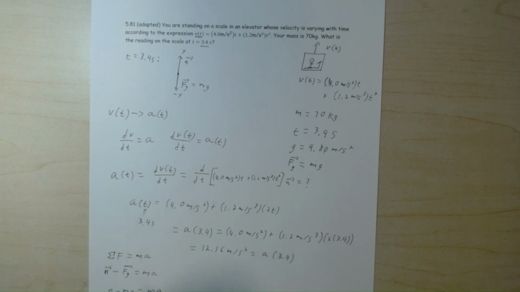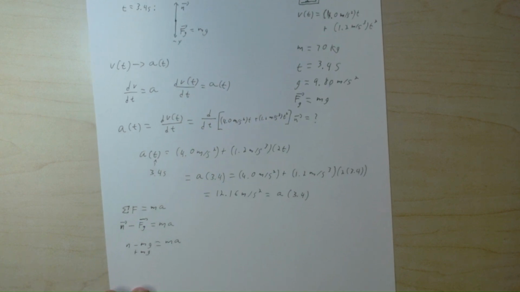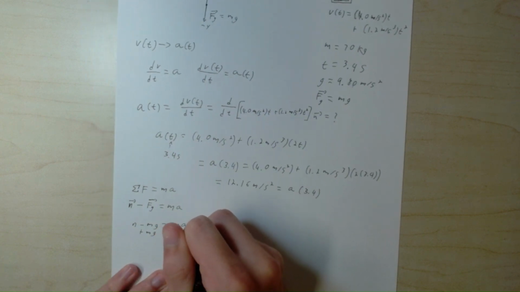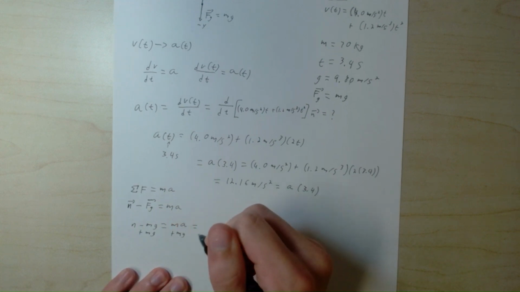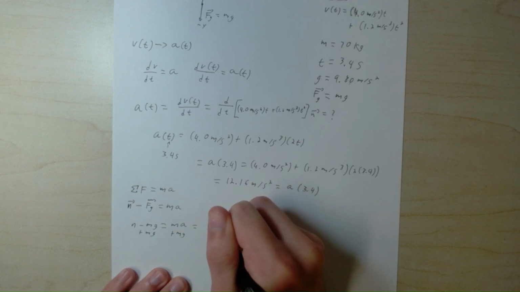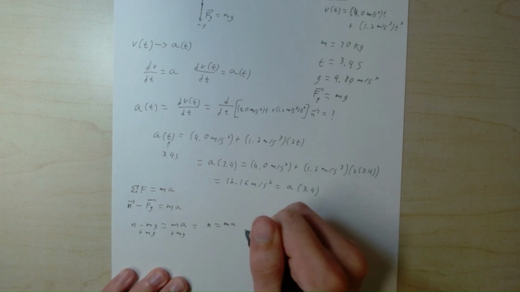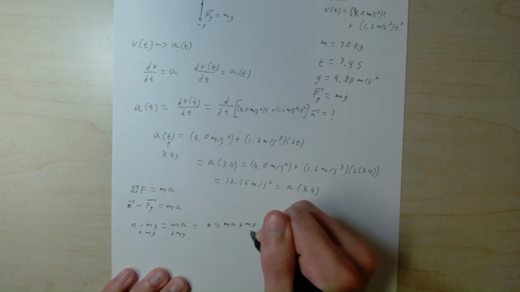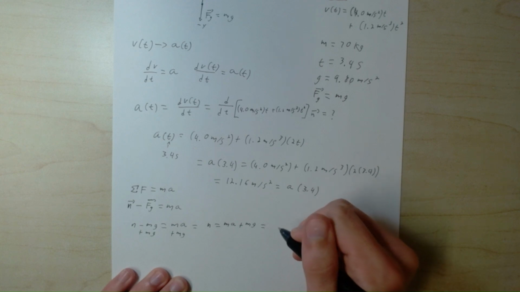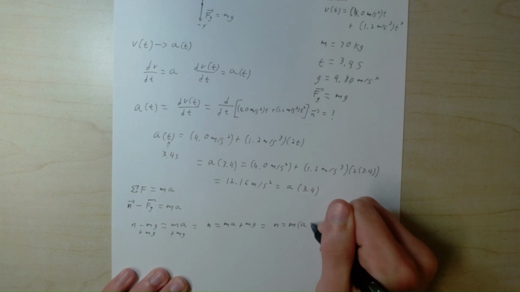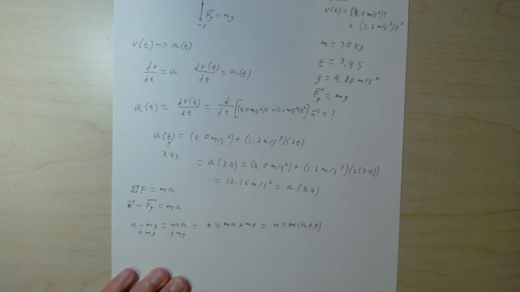And we're solving for n. So we can add mg to both sides. And this is going to be equal to n equals ma plus mg. And specifically, this is going to be equal to n equals m(a plus g), right? Because I can factor m out.